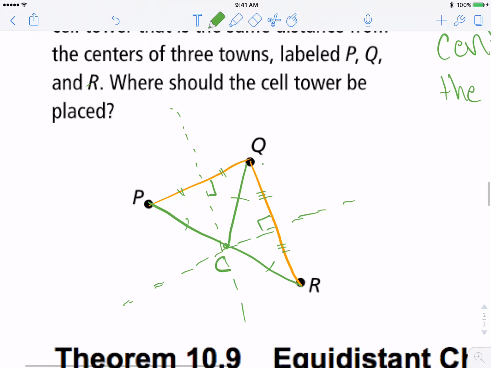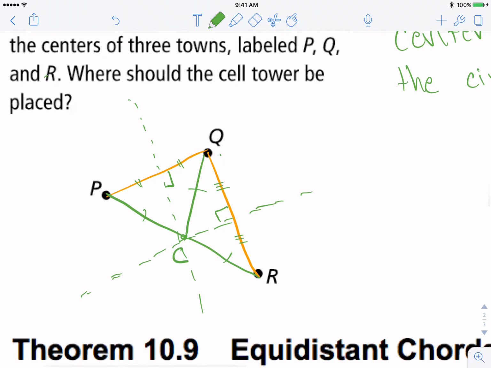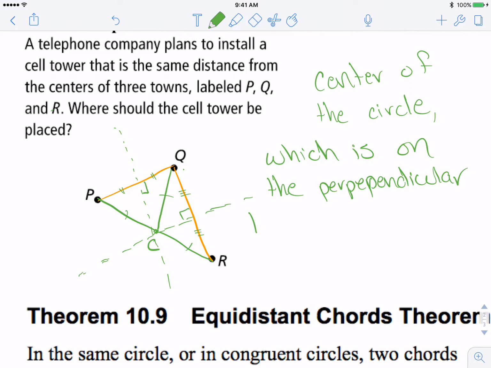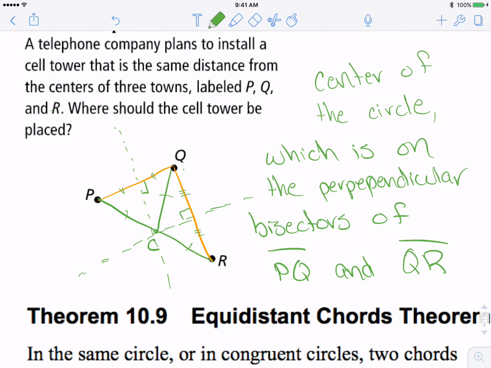Okay. So where should the cell tower be placed? Well, it should be placed on the center of the circle, which is on the perpendicular bisectors of the 2 segments, segment PQ and segment QR.